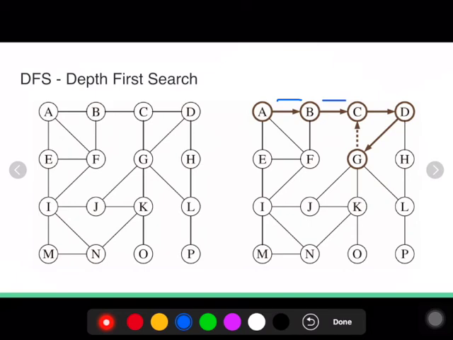So likewise, we travel from C to D and D to G, and when I come to G, I have four different possibilities: D to C, D to J, D to K, D to L. So if I take D to C, that's going to be an edge which goes back to a vertex which is already visited. So we mark this as a back edge, which is represented by the dotted arrow.